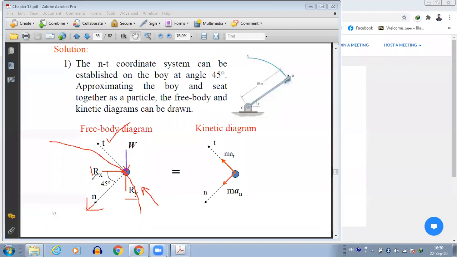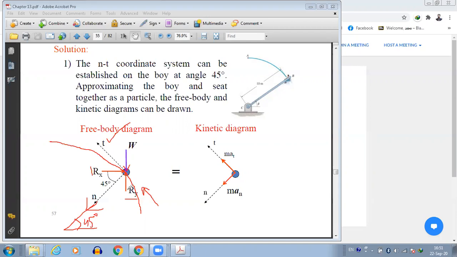So let's say Ry is up and Rx is towards the positive x direction. That's the free body diagram, and Rx makes 45 degrees from the normal. Why? Because this was connected here like this, and theta was 45 here. So Rx is going to make 45 degrees with n.